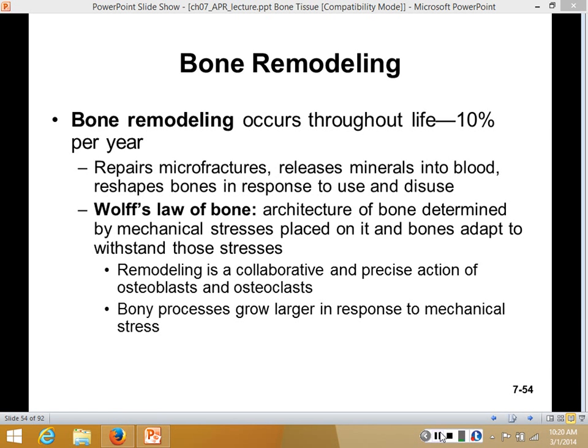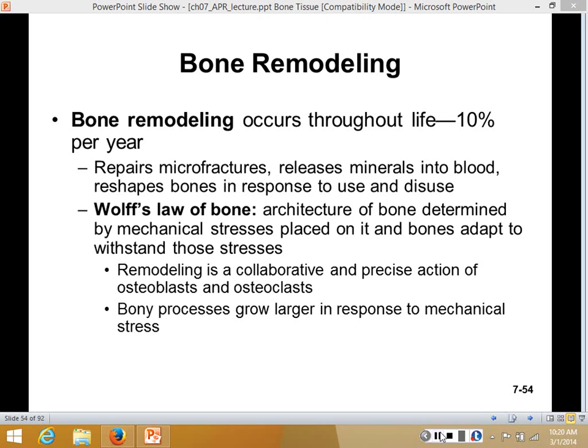It looks like a rat or something has just eaten its way through it. Okay? That's because the osteoclasts are now starting to outpace what? Your osteoblasts. So the osteoclasts are just eating away at the bone matrix, removing bone. And that's what happens.